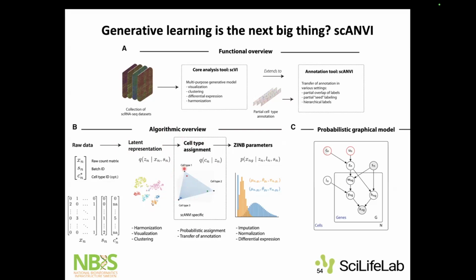So it's a classifier under this variational autoencoder. Then using that classifier, it can annotate the cell types for you.